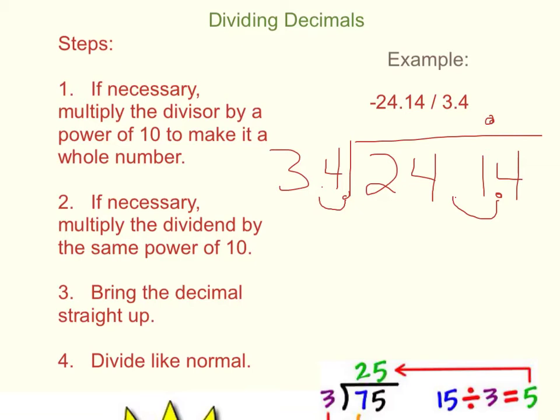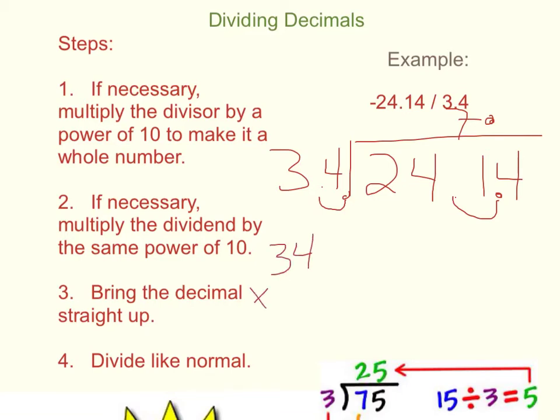I'm going to say 34 is close to 35, so let's see how many times 35 approximately goes into 241. 35, 70, 105, 140, 175, 210, 245. 245 is close to 241, and that was 7 times. So let's try 7 and see if 34 goes into 241 7 times.